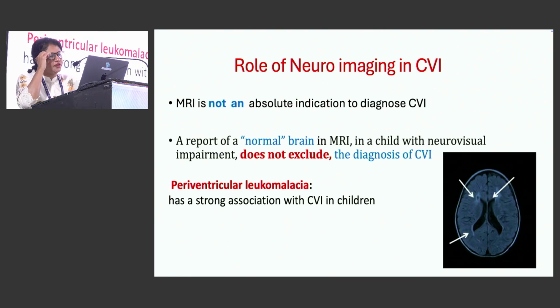What's the role of neuroimaging in CVI? MRI is not an absolute indication to diagnose CVI, but a report of normal brain in MRI in a child with neurovisual impairment does not exclude the diagnosis of CVI. And PVL is a strong association with CVI in children.